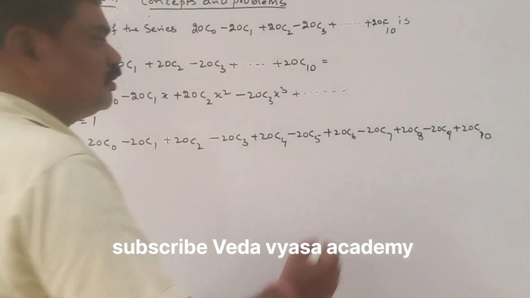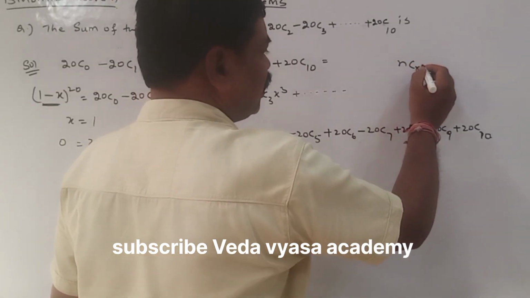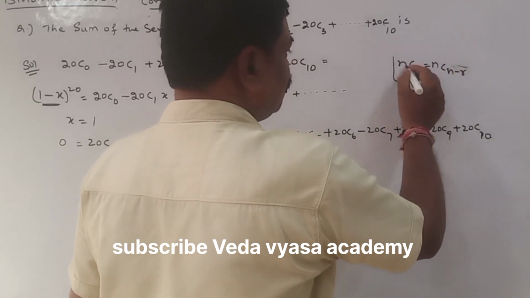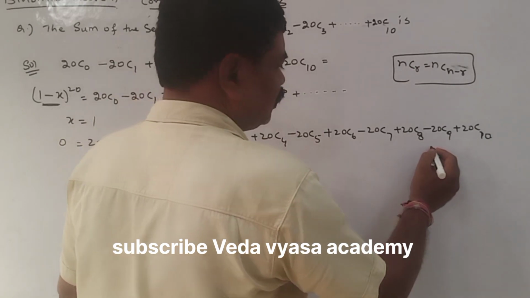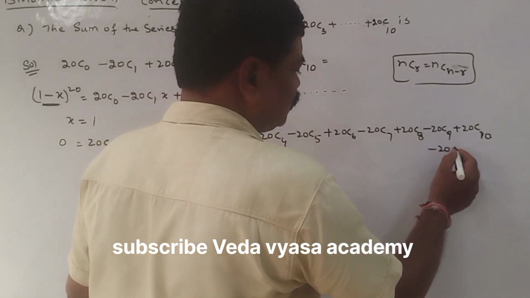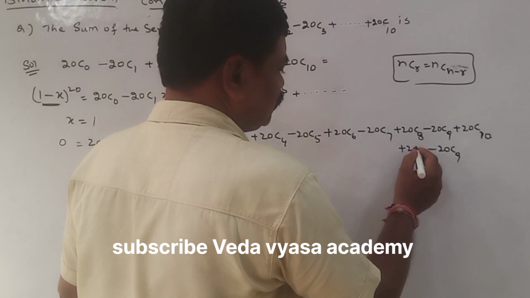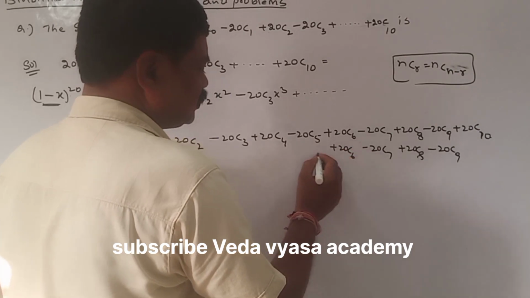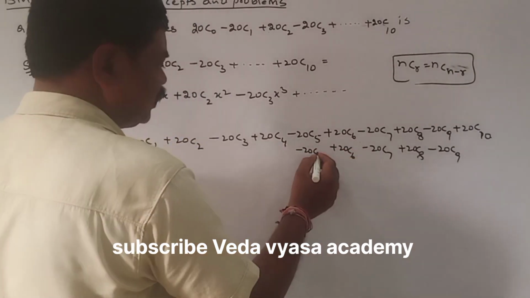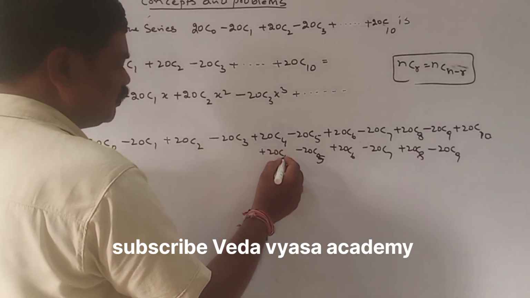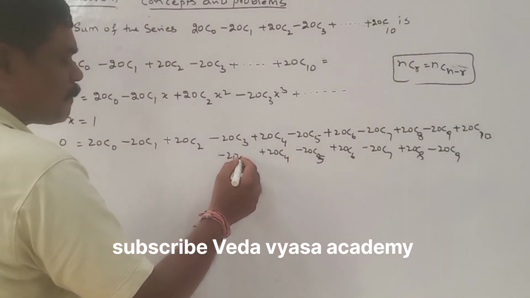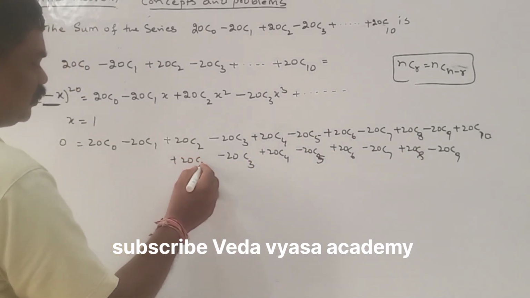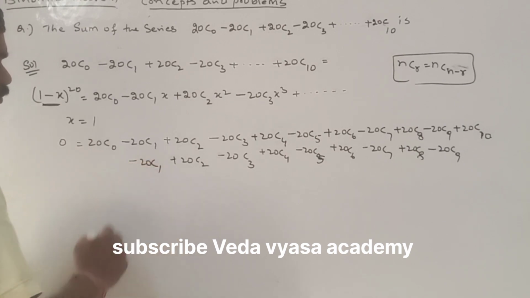Again, we know the formula nCr is equal to nC(n-r). By using this formula, the remaining terms are -20C9 + 20C8 - 20C7 + 20C6 - 20C5 + 20C4 - 20C3 + 20C2 - 20C1 + 20C0.